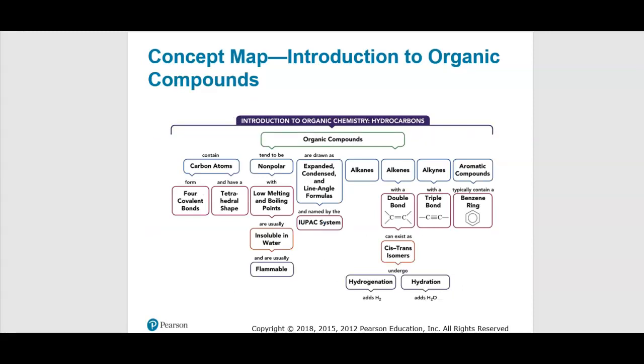So we're finished up with chapter 8, and you see the concept map here. There are a few things there that we didn't talk about. We didn't really talk about hydrogenation and hydration, the reactions of double bonds.